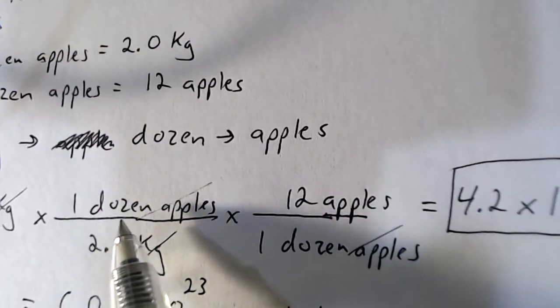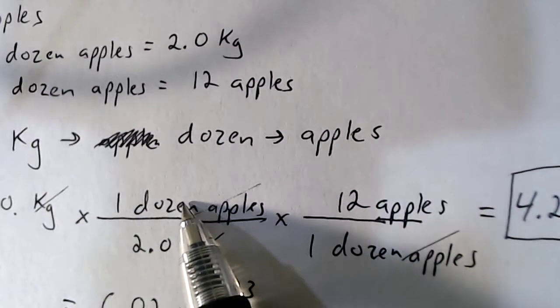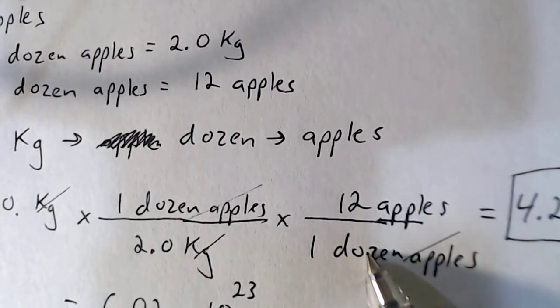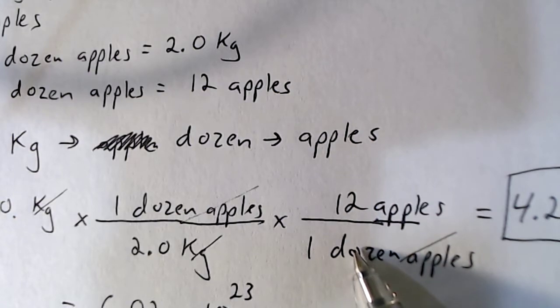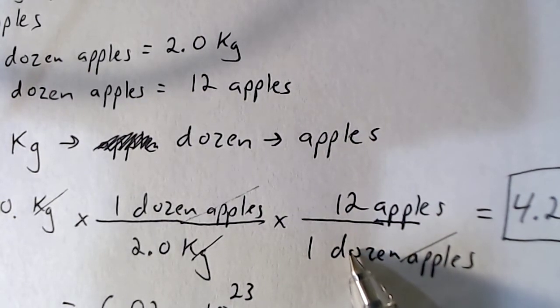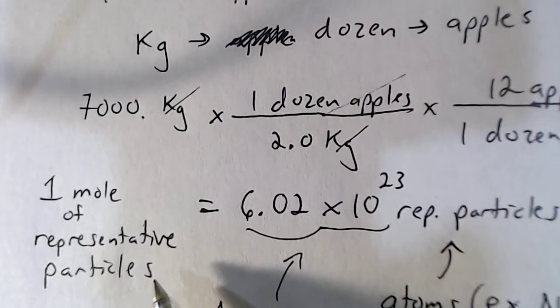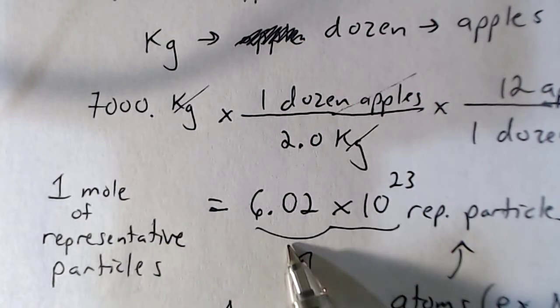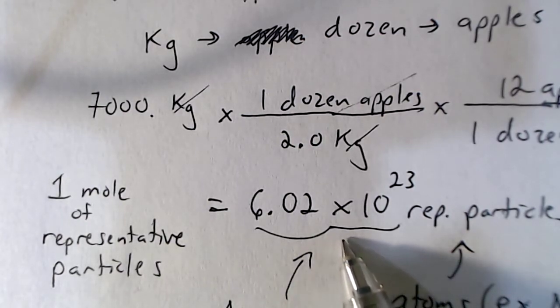This dozen apples, this 12 of something, 12 is a dozen. This is a lot like the unit the mole, which we'll use all of the time in chemistry. A dozen is 12 of something, but a mole is 6.02 times 10 to the 23 of something.